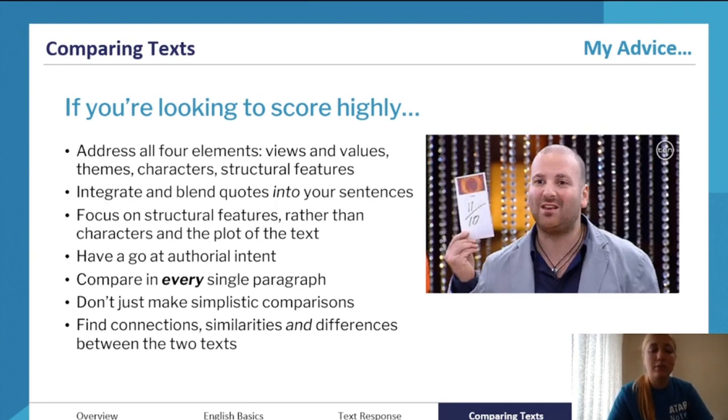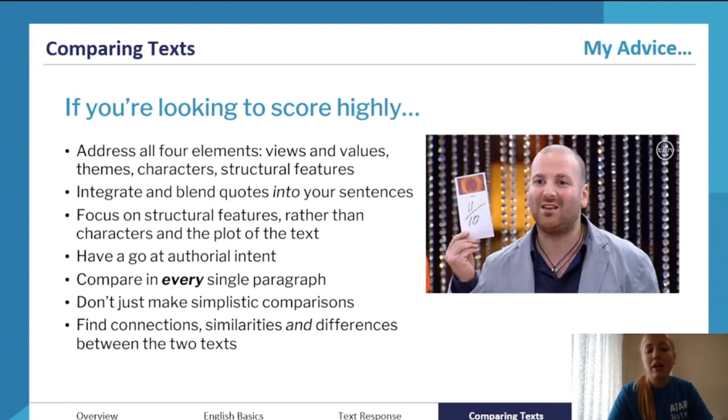I mentioned if you're using the block structure, a great place to stick in that second views and values analysis is at the end of your discussion of text A before you make a comparative link to text B to then also analyze text B. And you can also just try to scatter more comparative points throughout.